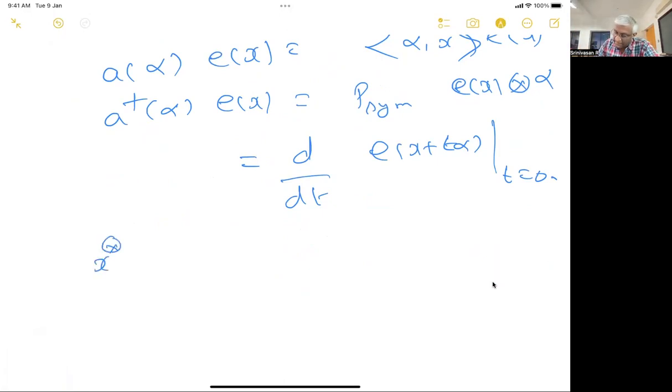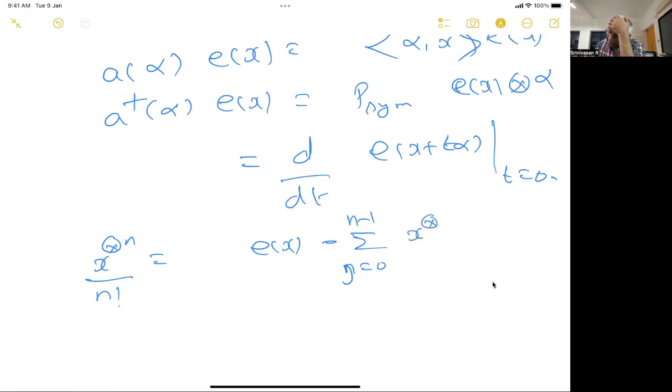It is true that x tensor n by n factorial is equal to E of x minus the summation j equal to 0 to n minus 1 of x tensor j by j factorial, right? You remove that. And you need t x here. Then you have to differentiate n times.